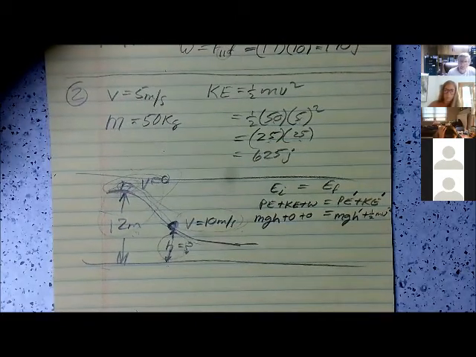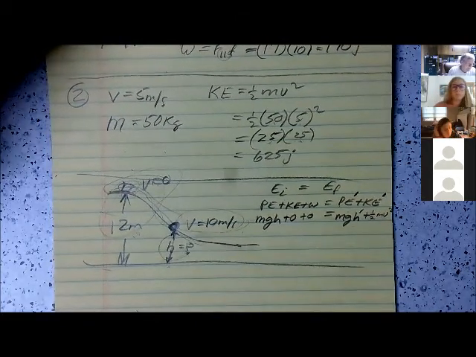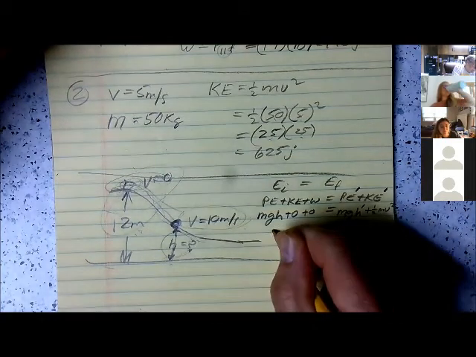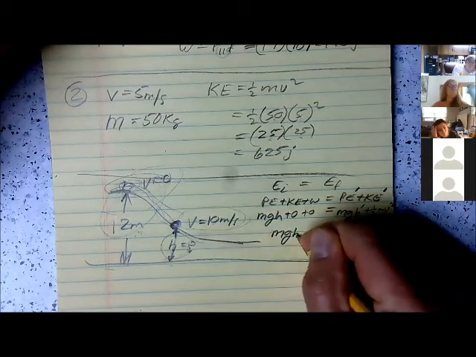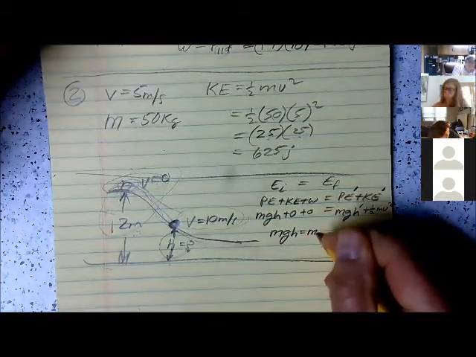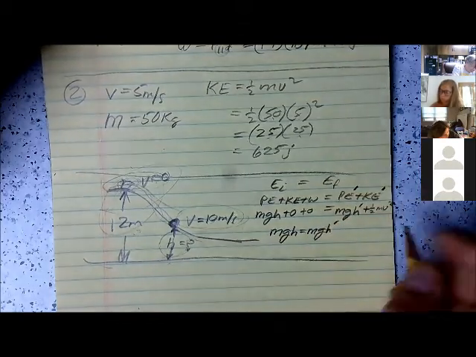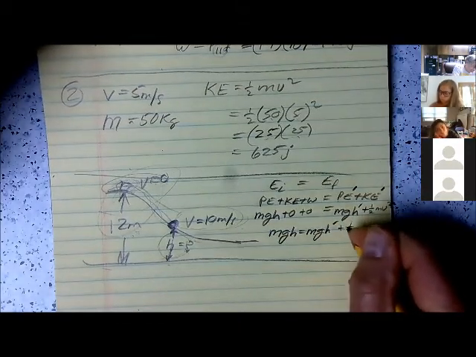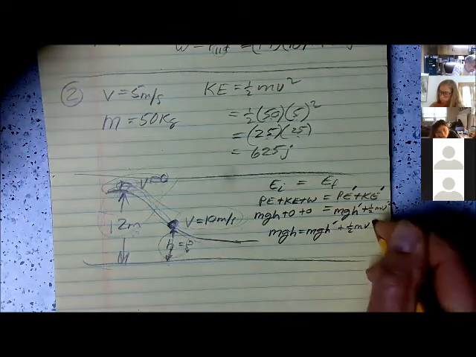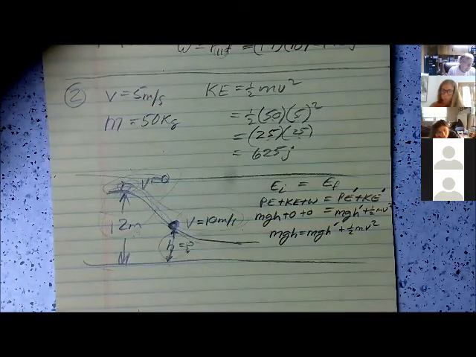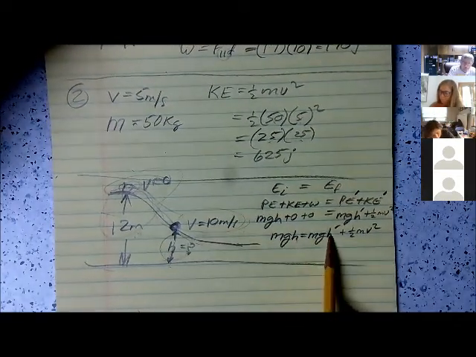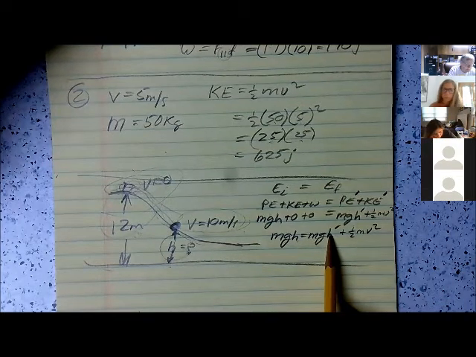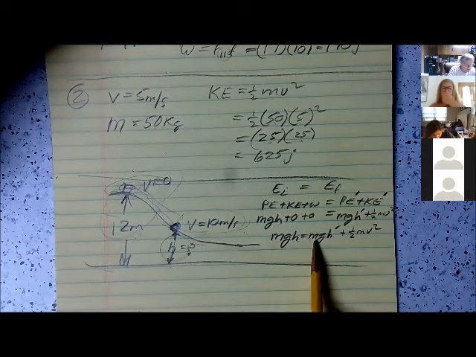Okay, let me slow up. Everyone's okay? So now, let me just rewrite it. I get mgh equals mgh prime plus 1/2 mv squared. The h's are different, so I can't do anything with them. The g's are the same.